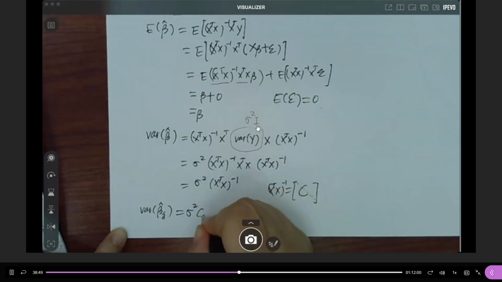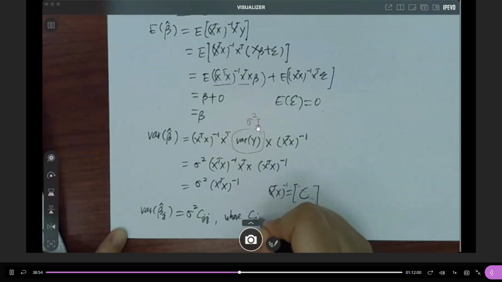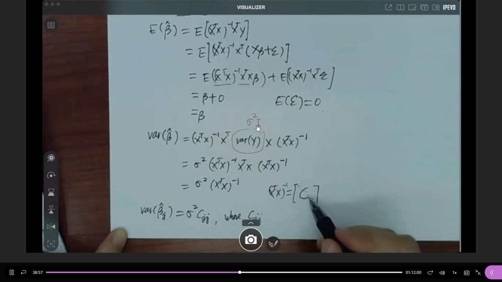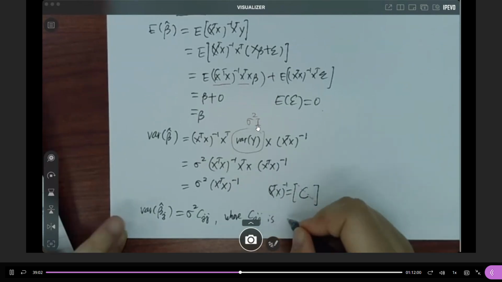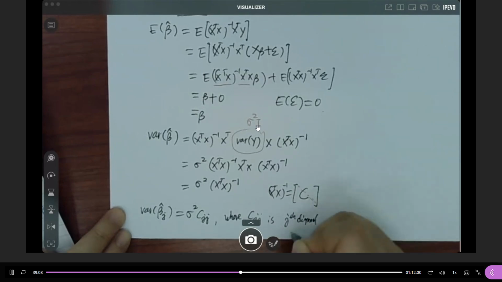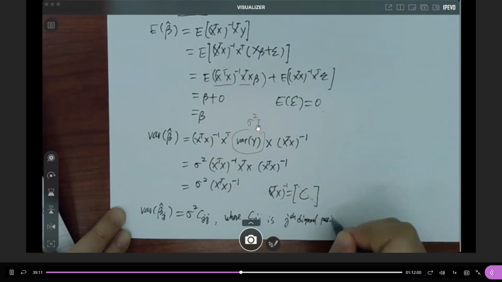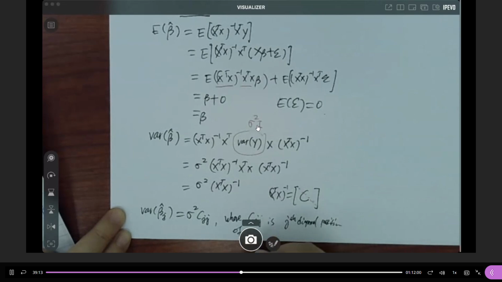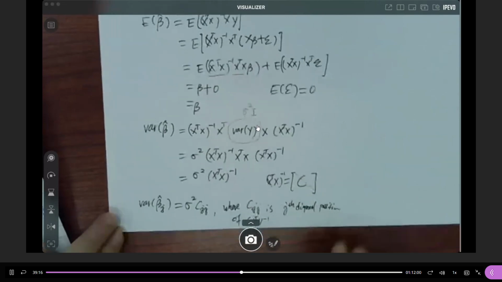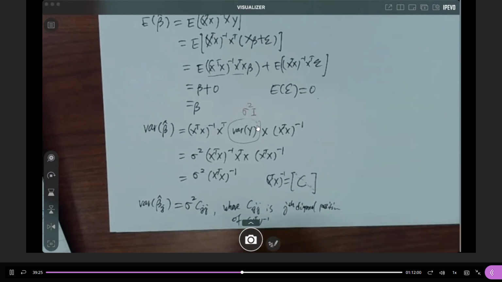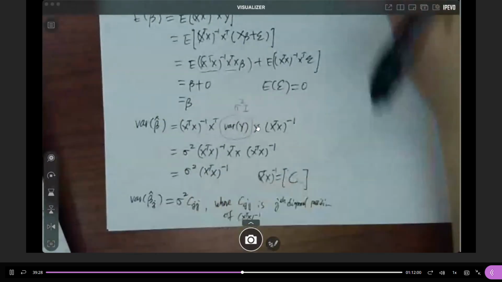So variance of beta j hat equals sigma squared times Cjj, where Cjj is the jth diagonal element of C, the jth diagonal position of (X transpose X)^(-1).